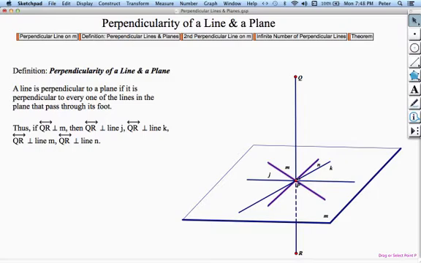So once you know a line is perpendicular to a plane, you know that it's perpendicular to an infinite number of lines in the plane passing through its foot. And that's a lot of information in a simple statement.